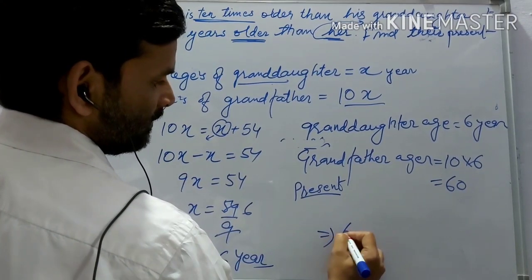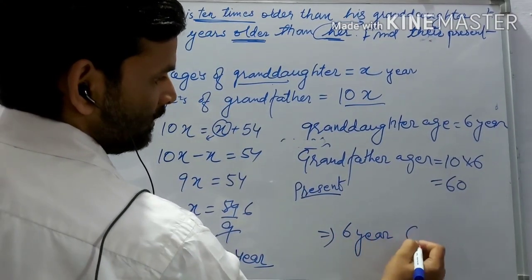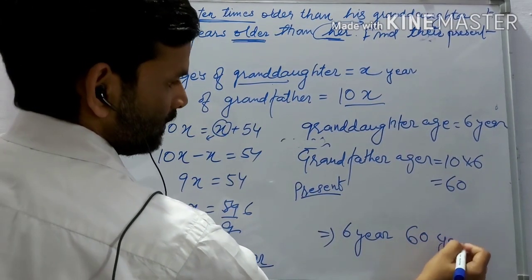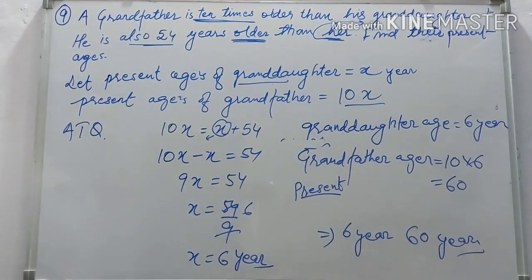The answer is 6 years for the granddaughter and 60 years for the grandfather.